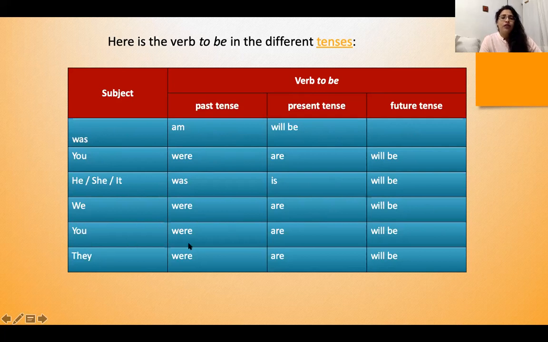With you: were, are, will be. They: were, are, will be. It means that with the form of verbs, first person, second person, third person, according to the person, the form of the verb to be changes.